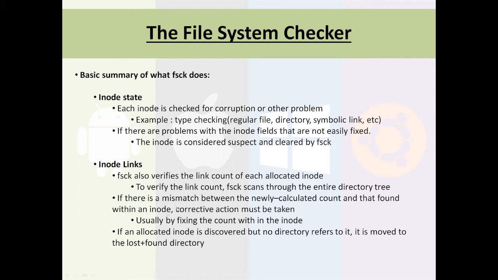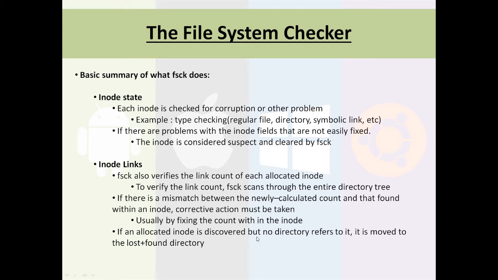To verify the link count, fscheck scans through the entire directory tree, starting at the root, and builds up its own counts of the links for every file and directory in the file system. If there is a mismatch between the newly calculated counts and that found within the inode, obviously there's an issue, so corrective action must be taken. It's usually done by fixing the count within the inode itself.